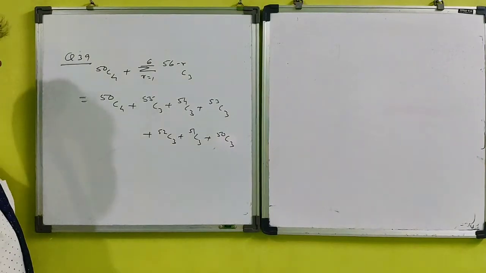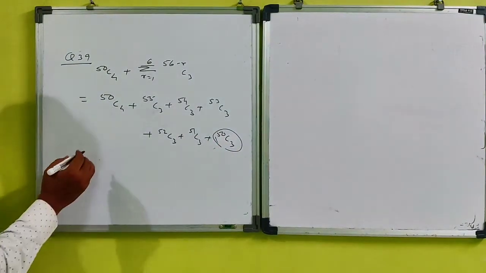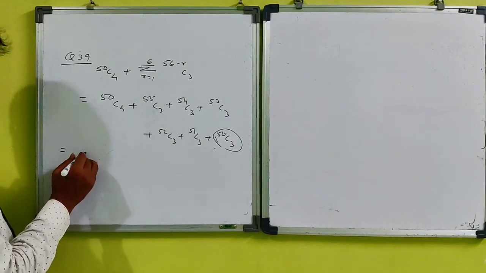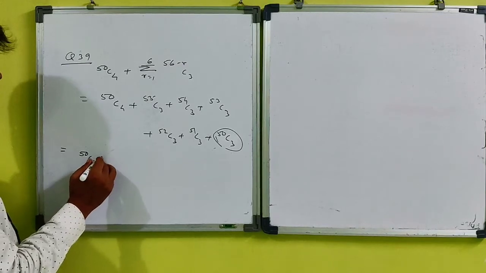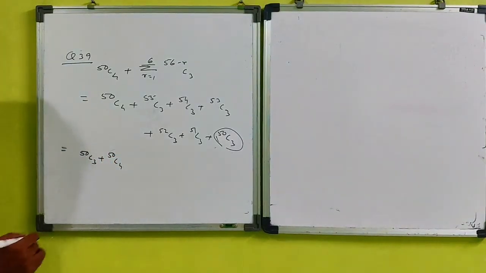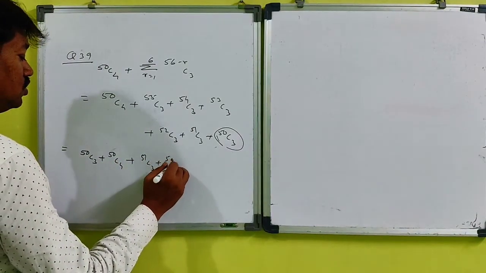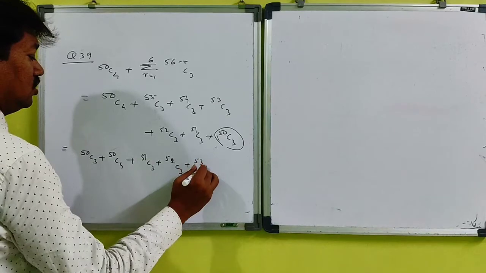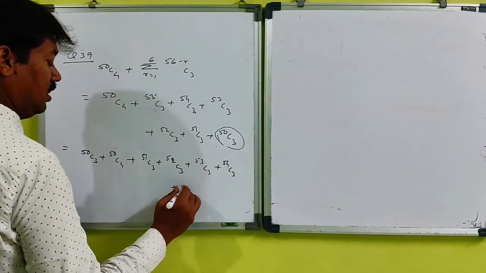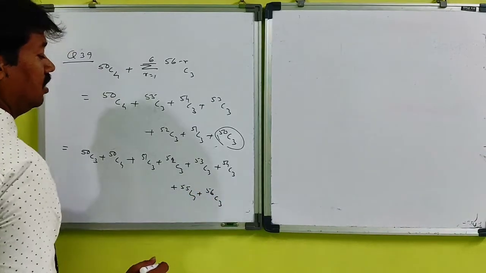So now 50C3 and 50C4 are added. If you write it that way: 50C3 plus 50C4 is added, then 51C3, 52C3, 53C3, 54C3, and 55C3.